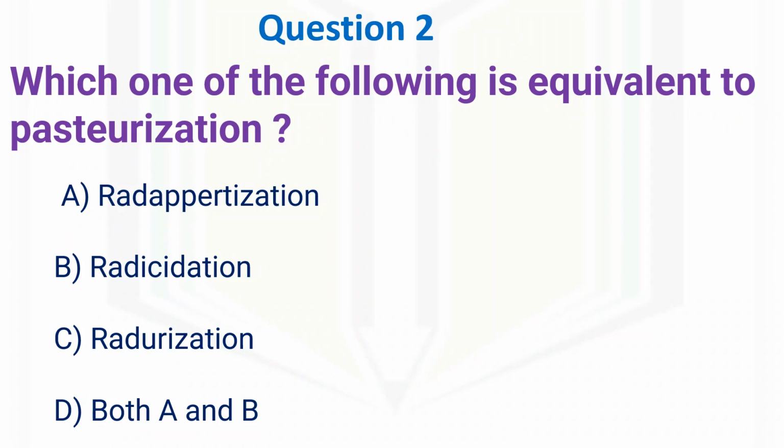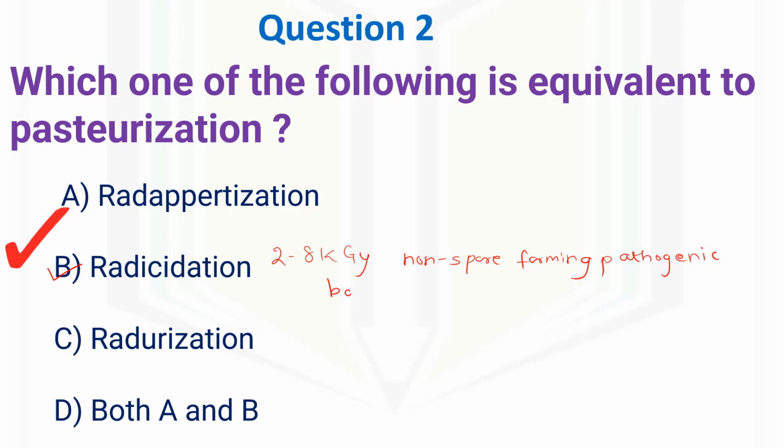Question number 2. Which of the following is equivalent to pasteurization? Options are radapatization, radicidation, radiorization, and option D is both A and B. And the correct option is option number B, radicidation. So radicidation uses 2 to 8 kilogray of the radiation, and it will kill specific non-spore forming pathogenic bacteria, except some viruses.